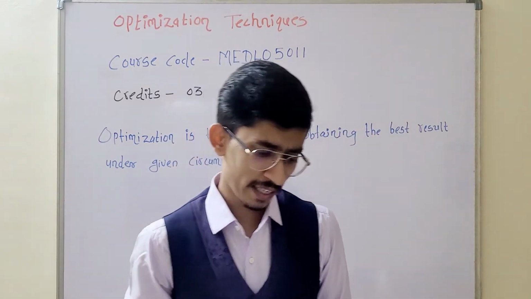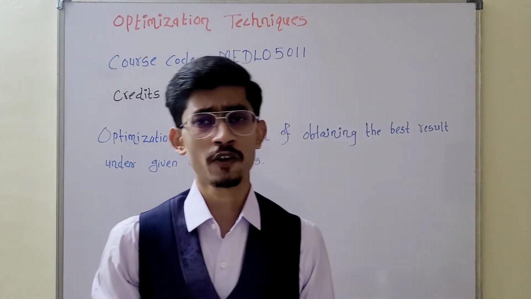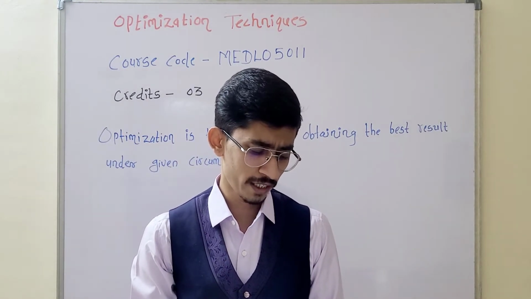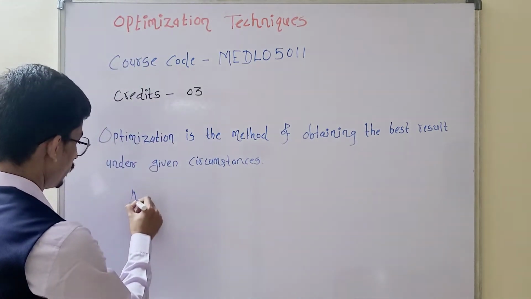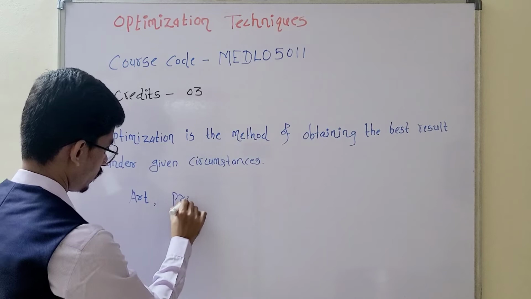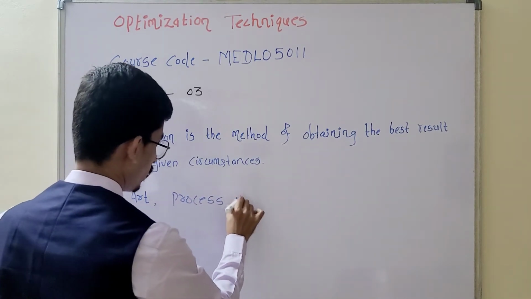Again, some researchers have defined optimization in various ways. One of the researchers has defined it as an art. I will write here: an art, process, or methodology.